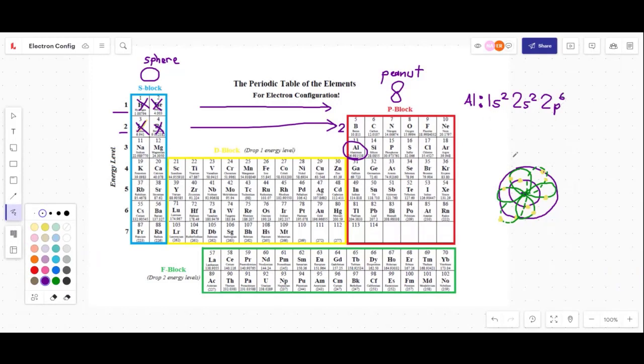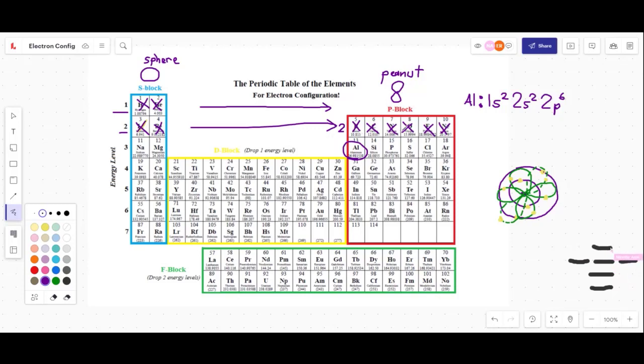So there's 1s2, 2s2, 2p6. Because each one of these boxes represents a place for one electron. And effectively, the p subshell has three orbitals, each of which can hold 2 electrons.